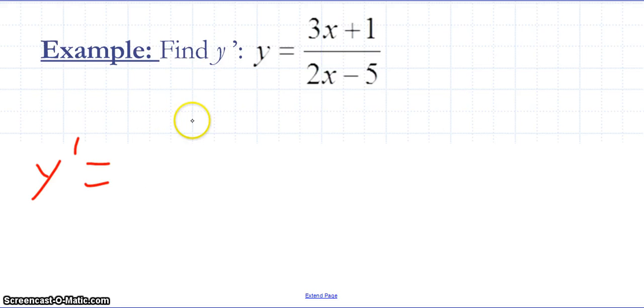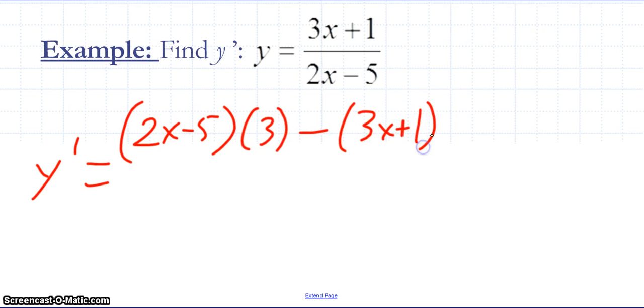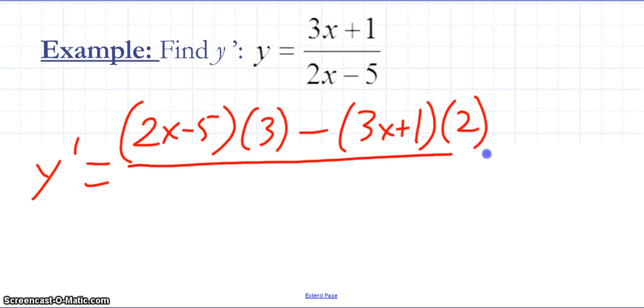It's going to be bottom, so 2x minus 5, times the derivative of the top, which is 3, minus the top, 3x plus 1, times the derivative of the bottom, which is 2, over the bottom squared.